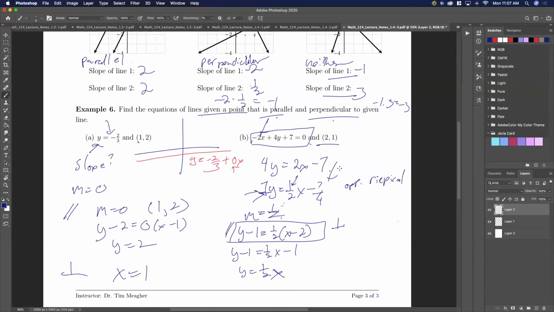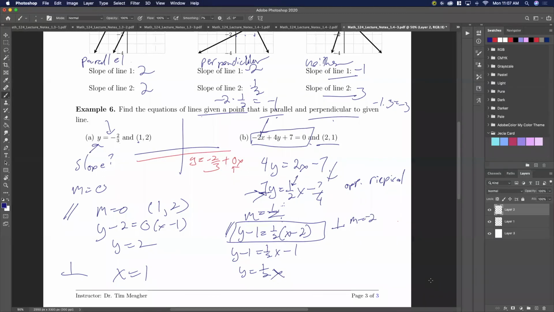So I get 2 over 1, and then I take the negation, so I get minus 2. M equals minus 2. So everyone, have you guys done that before? Opposite reciprocal, where you flip it and then take the negative, for a perpendicular slope? Okay, so some have, some haven't.